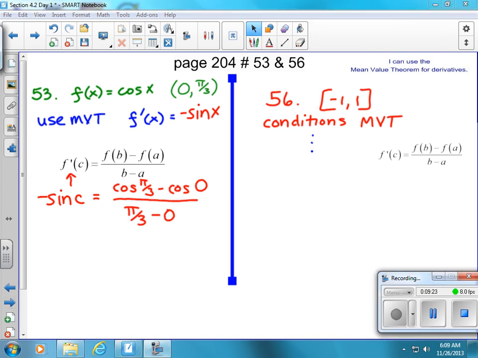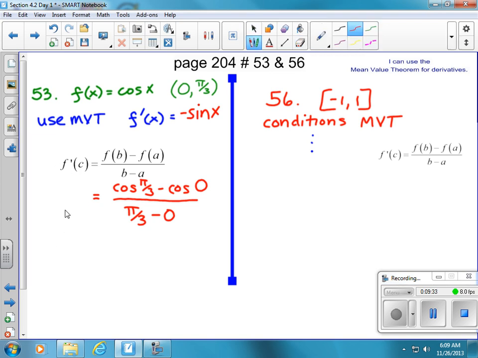So actually, I did more work than was required on this problem, because this is one of those multiple guess jobbers, and all they're asking you for is what is the derivative at c. So whatever you get for this is going to be your answer, and you have to match it up with one of the answers in the book. Now this is how much work I should see for a multiple choice problem like that, by the way.